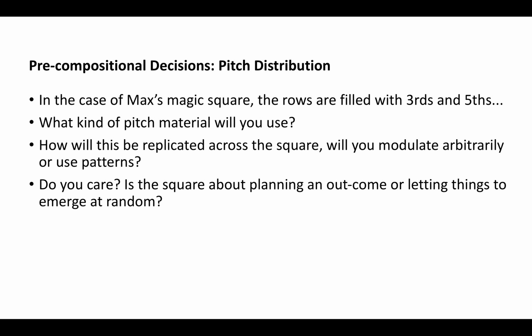Or will you use a pattern or a system to modulate your material? Will you modulate it to the left, or will you modulate it to the right? And how will that affect it? Lastly, do you even care? Is this square about planning an outcome, considering the material, or is it a process to let things emerge? Either way, you have to commit to the process.